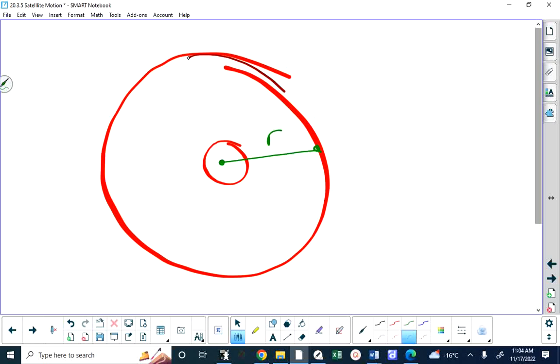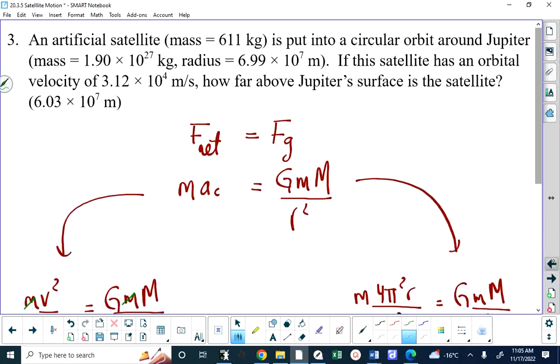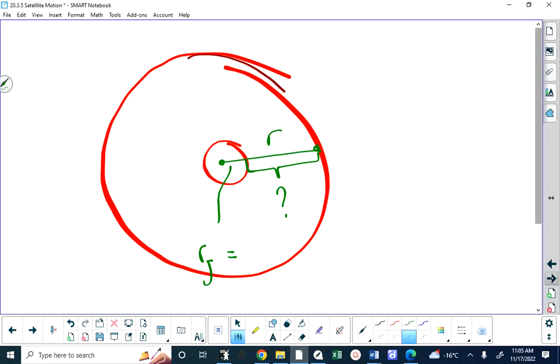What we want to find is this distance, and we know that the radius of Jupiter is 6.99 times 10 to the 7.